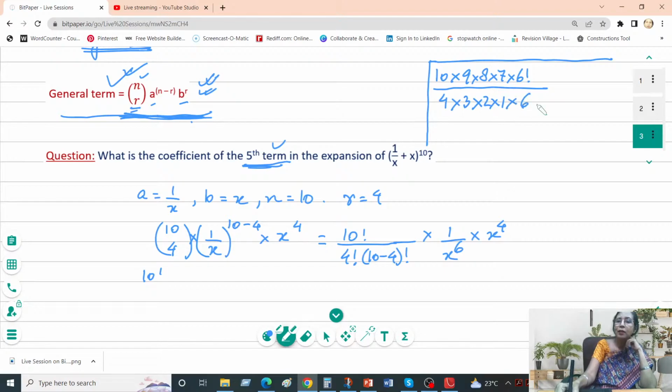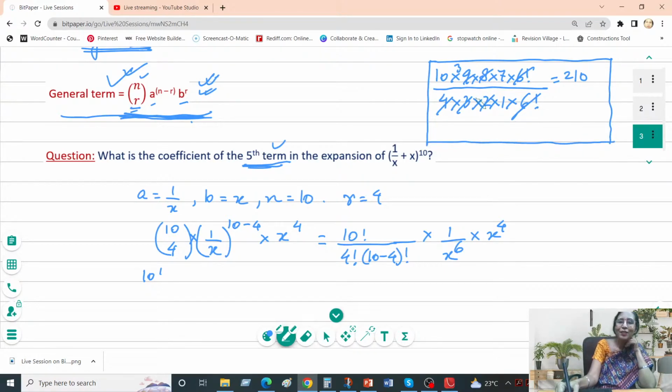And 10 minus 4 factorial is 6 factorial. So these two will get cancelled and I can cancel these two. And this one is 3. So 3 times 7 is equal to 21 and 21 times 10 is equal to 210. I did not need a calculator for this.